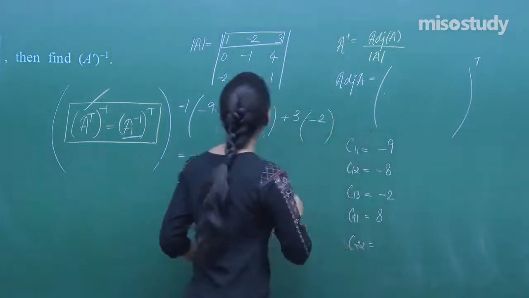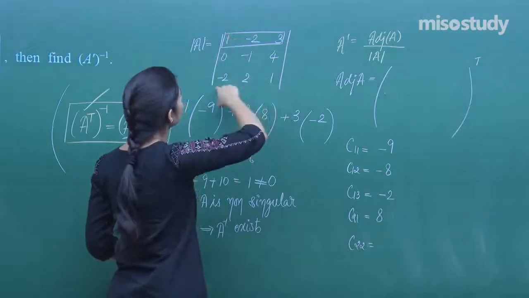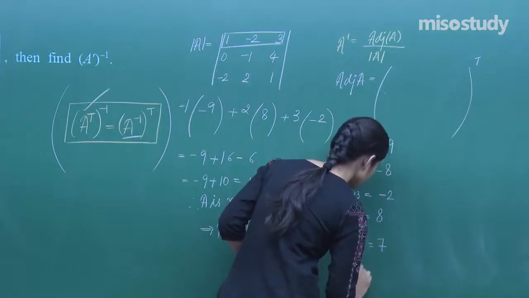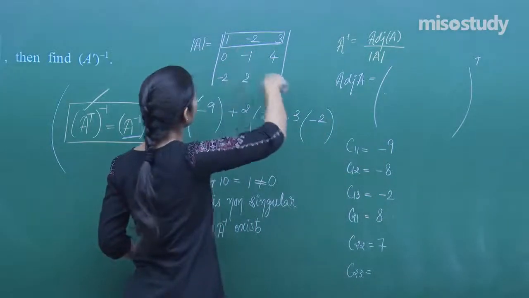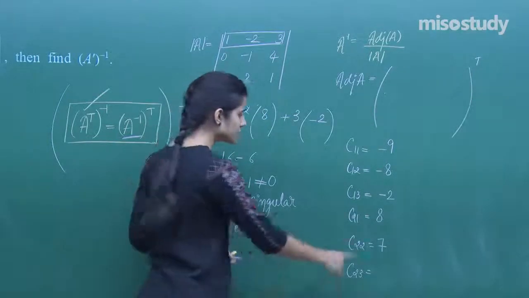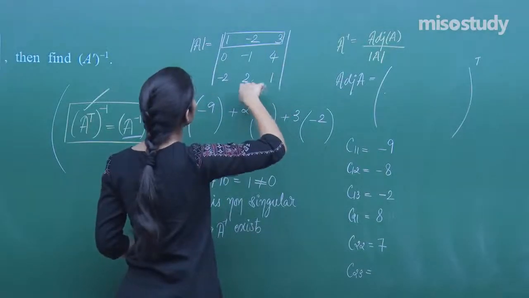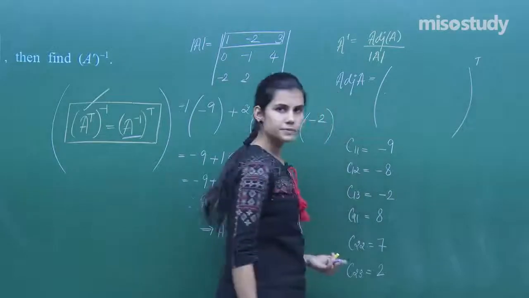Then C22, second row, second column, it will be 1 plus 6, that is 7, and minus 1 to the power 4 is 1 only, so the sign is not going to change. Then C23, it is 2 minus 4, which is minus 2, so it will just be 2.